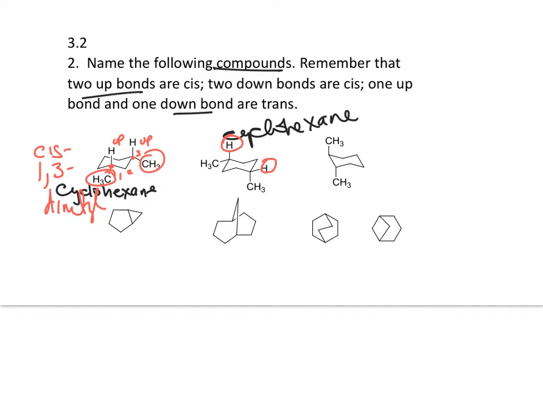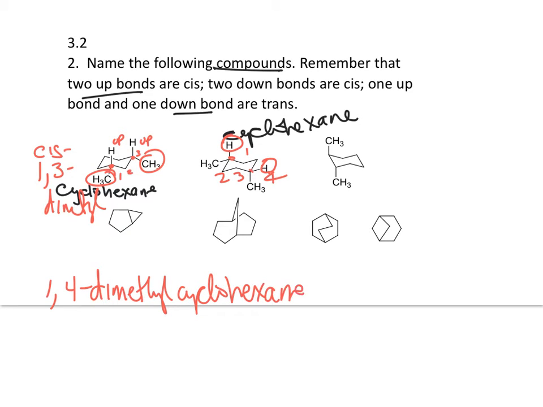So you count your carbons, 1, 2, 3, 4. So this one would be 1,4-dimethylcyclohexane, and since both the methyls are on the same side of the ring, it would be cis.